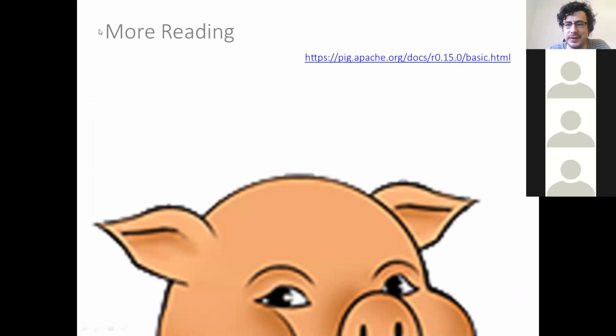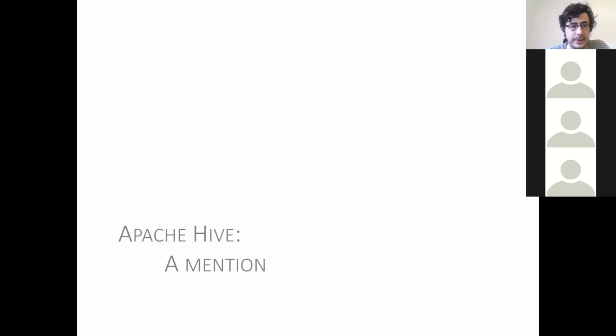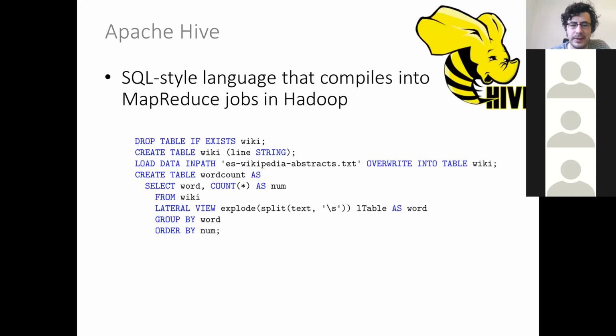There's more information in the docs, and it's something as well that you'll play with in the lab. I should mention that there is another alternative which is quite popularly used as well, which is Apache Hive. It has this very same idea: why not use a language like SQL rather than something like Java to implement the MapReduce jobs. So this is an example of a job written in Hive.